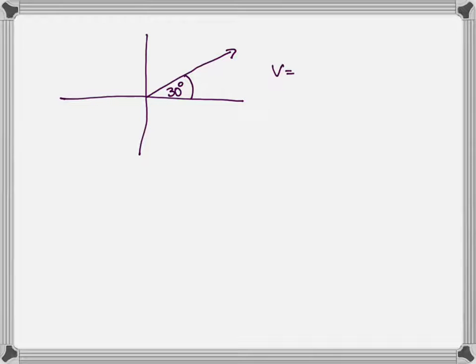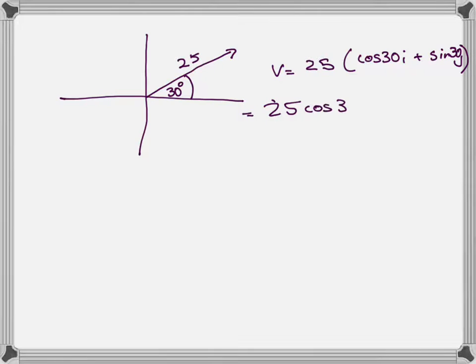Now, what is the expression for the velocity vector v in terms of i and j? So v, our vector, would be the 25 miles per hour is our magnitude. So it's 25 times the cosine of 30 i plus the sine of 30, and that would be, I have no more room, j. Here you go. So now that is the same as 25 times cosine 30 i plus 25 sine 30 j.